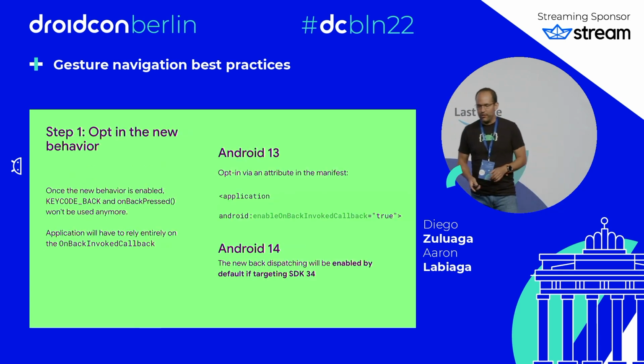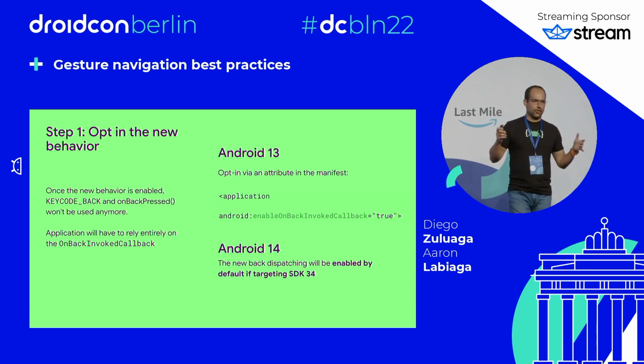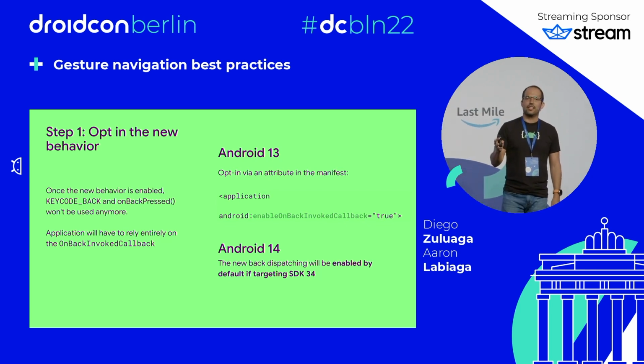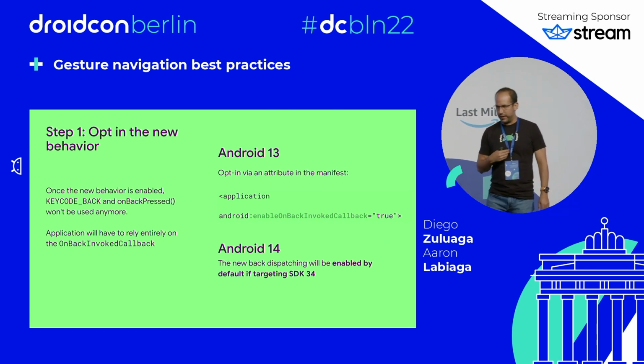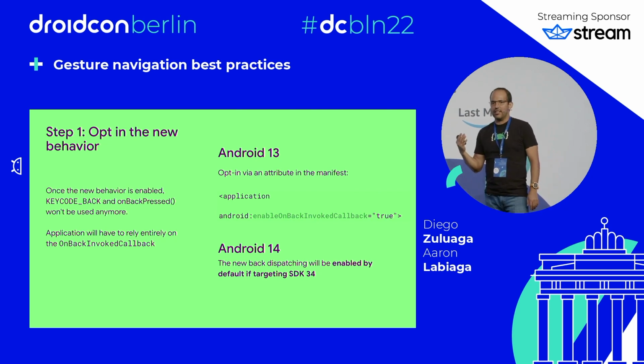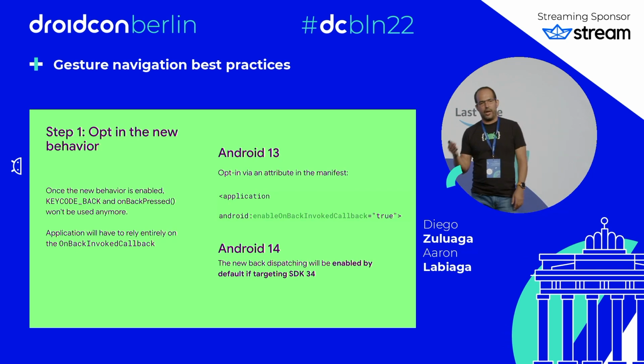All right, so opting in means you are going to leave your old ways and migrate over to the ahead-of-time APIs. These APIs have been in AndroidX, so if you are already using AndroidX activity APIs, you're all good. But in my experience and based on the learning that we have with partners, many apps are still leveraging the unsupported APIs, which are key code back and onBackPressed.